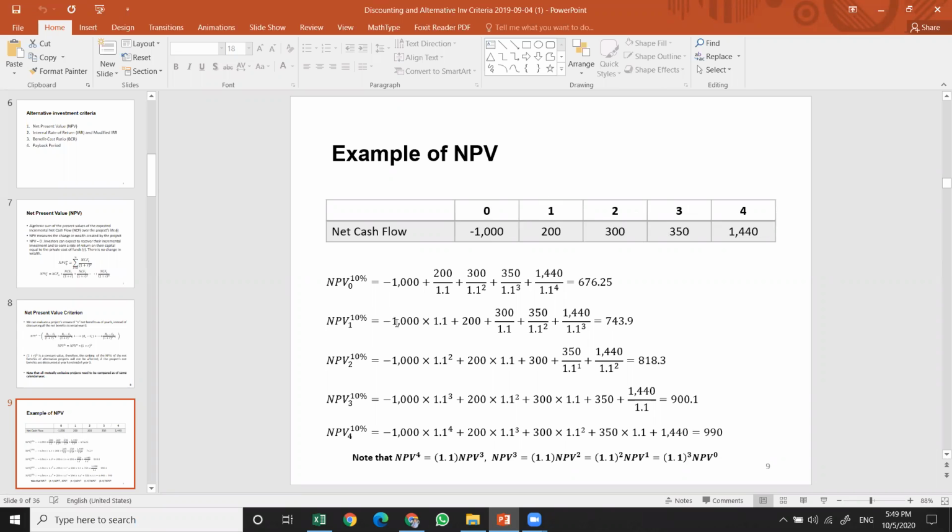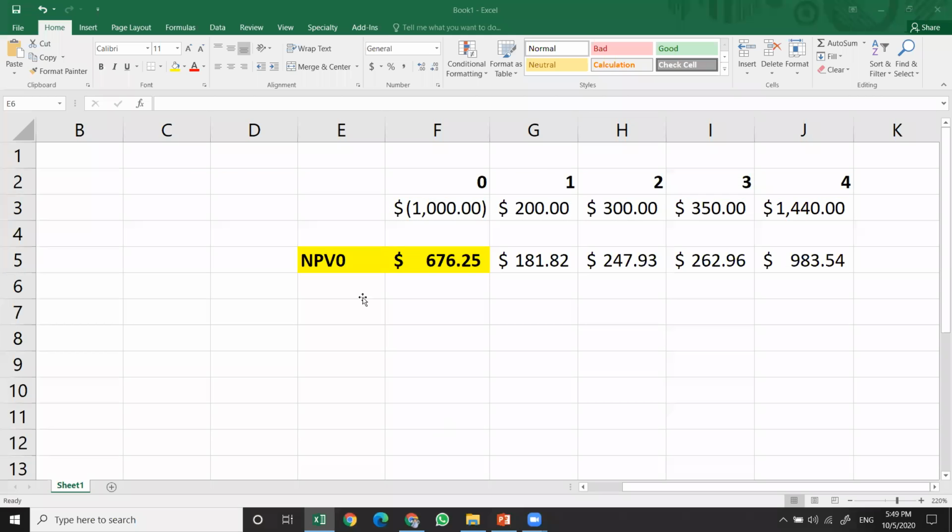So the $1,000 you should bring to year 1, and bring this cash flow to here. So 200 in year 1 is equal to 200; it's not compounded and not discounted. Same rate. NPV 1.